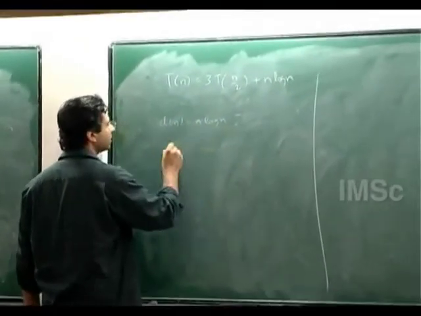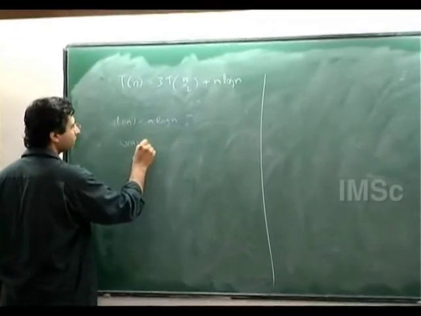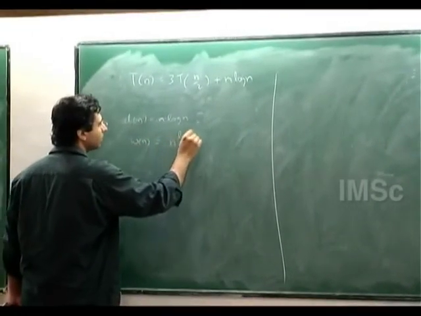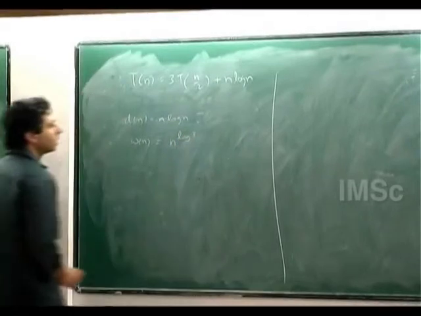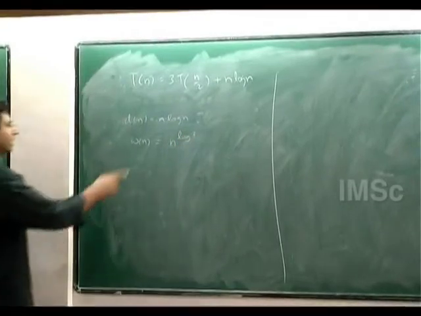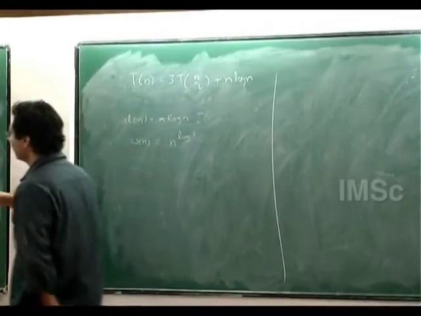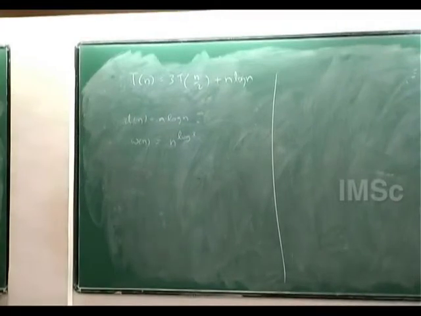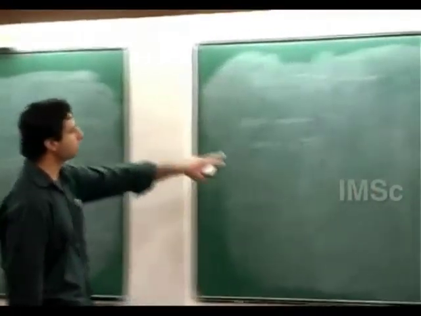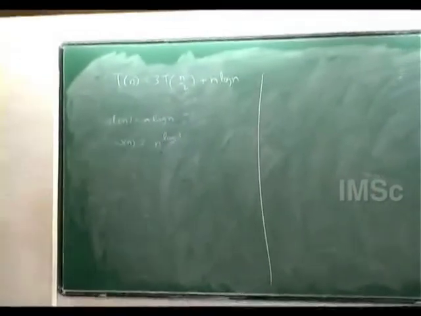The watershed function is, say, W(n), which is n raised to log 3. And the problem is n log n is not polynomially smaller than n raised to log 3; it does not satisfy this inequality.